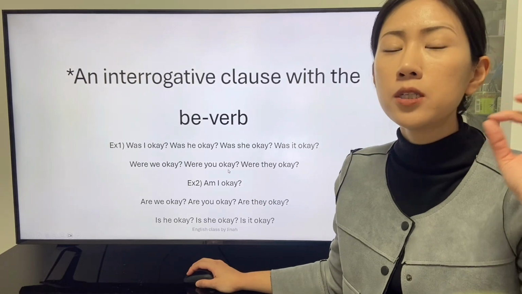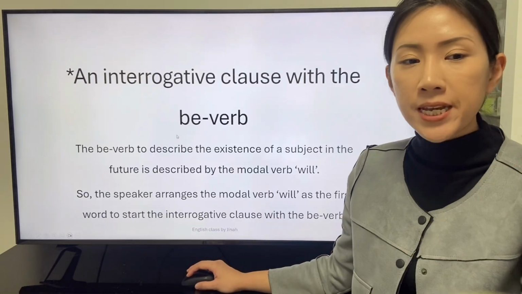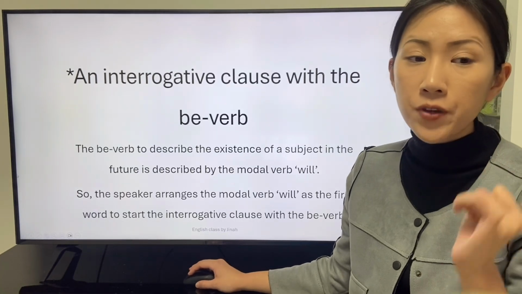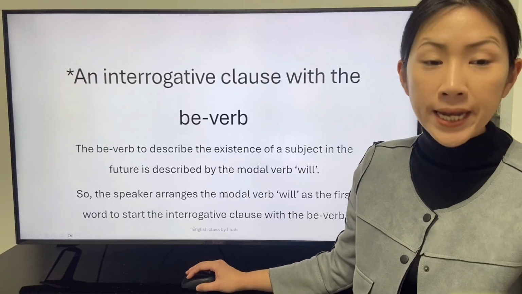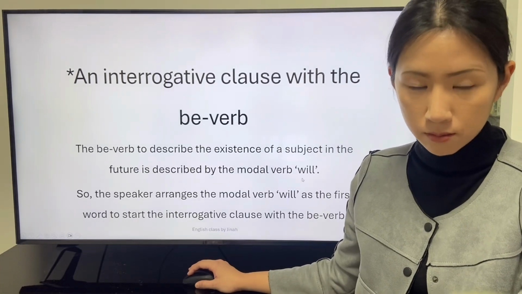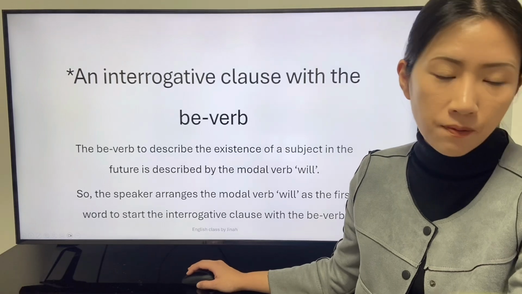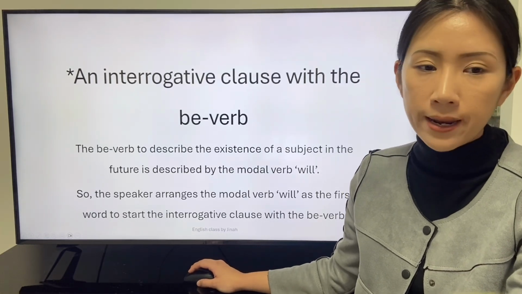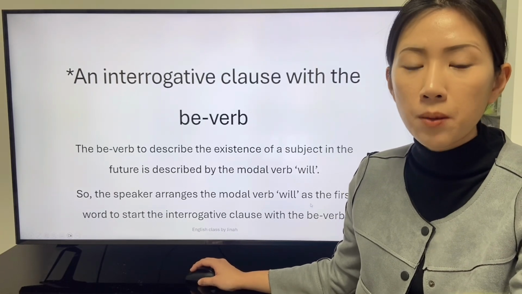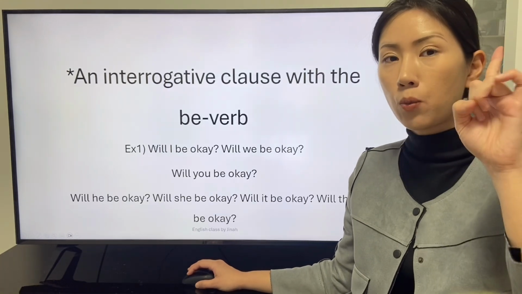The example number 2 is about that. The be verb to describe the existence of a subject in the future is described by the modal verb will. So the speaker arranges the modal verb will as the first word to start the interrogative clause with the be verb, as the example number 1 does.